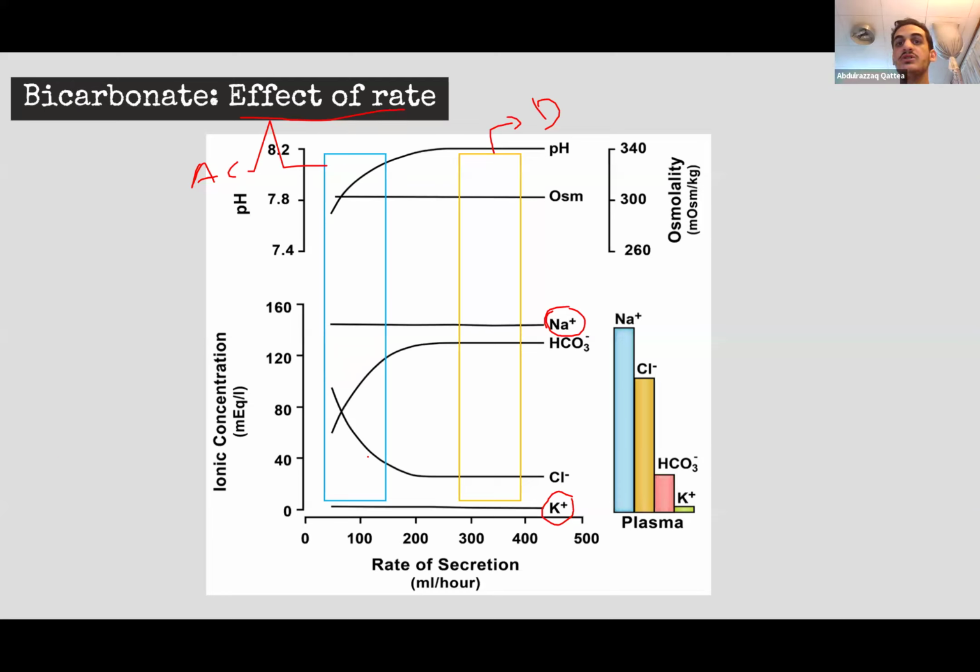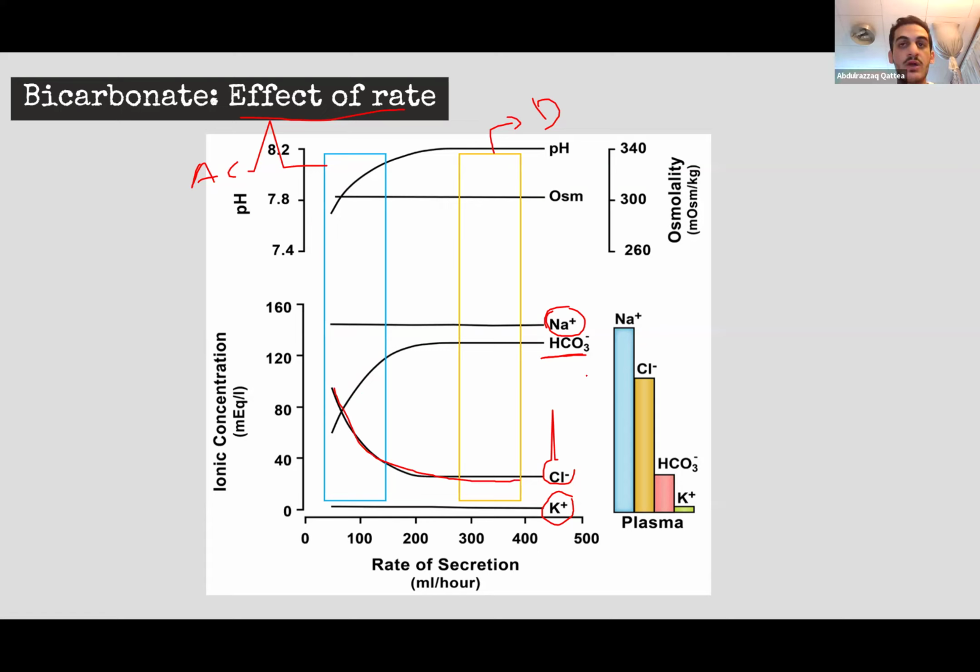However, if you look at the bicarbonate, you will notice that it's getting higher and higher when it goes from the acinar cells to the ductal cells. And why is that? Because simply the ductal cells are secreting more bicarbonate. And when we said that if we have more bicarbonate, the chloride will get low because of the anionic exchanger.